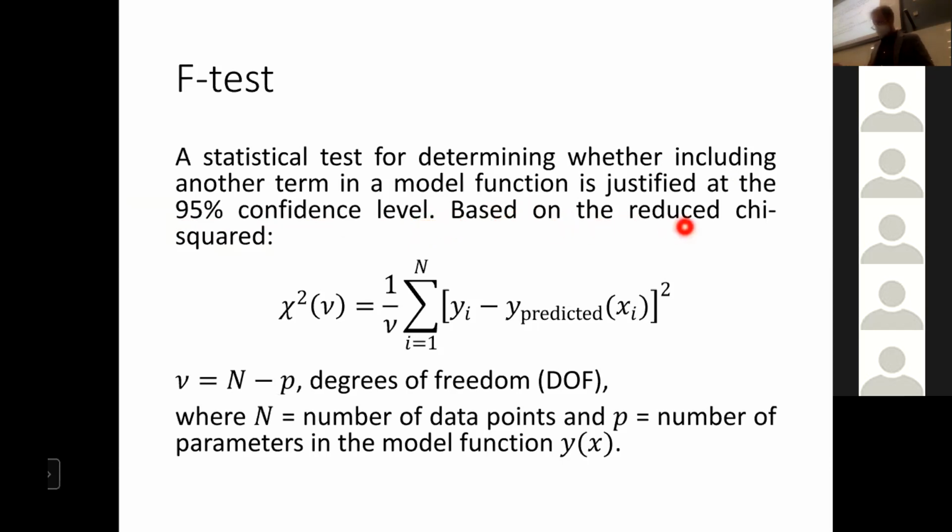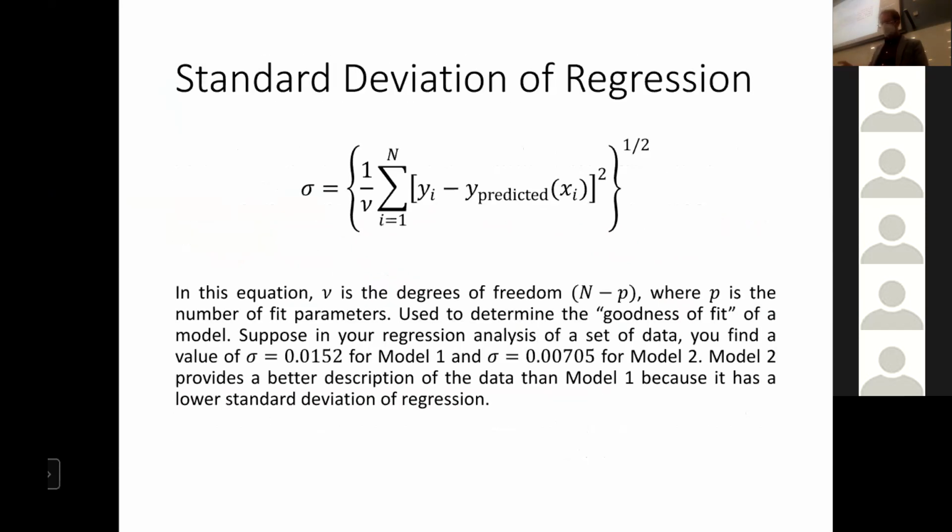Okay, the F test is based on the reduced chi-squared, which is given by this equation here. This is just the square of the equation that we saw on the previous slide for the standard deviation of the regression. So the chi-square is just the square of this sigma.